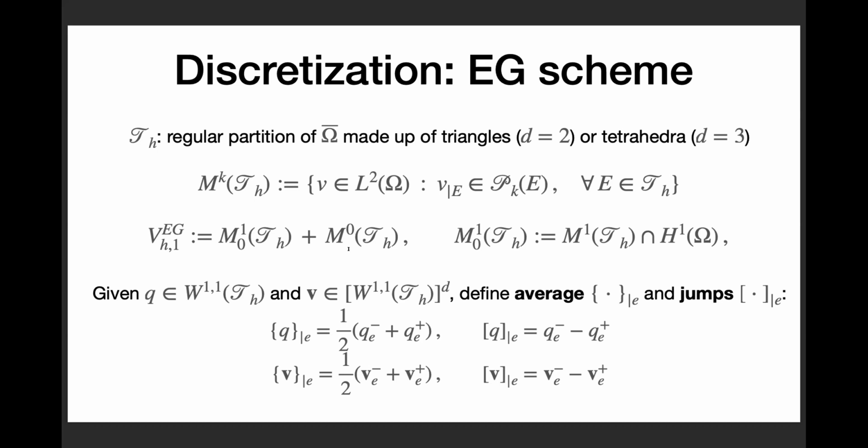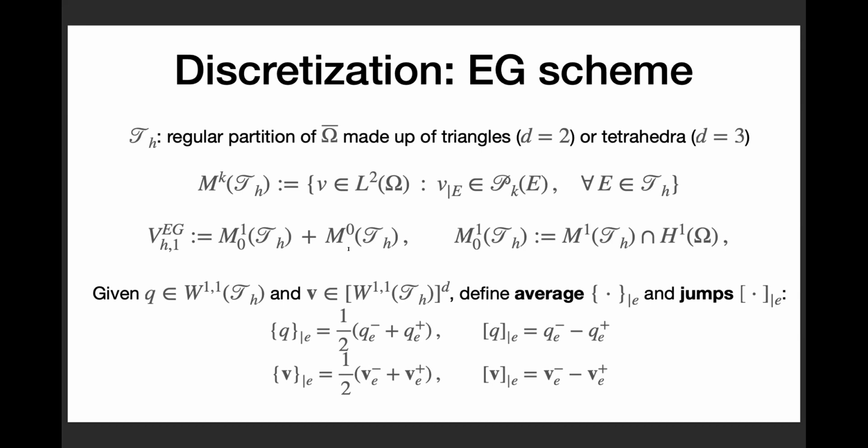So first, we will consider the space of discontinuous piecewise polynomials with degree at most k, and also this other space of globally continuous piecewise linear functions over the mesh. Then the enriched Galerkin space is composed of functions which are the sum of a globally continuous piecewise linear function and a piecewise constant.